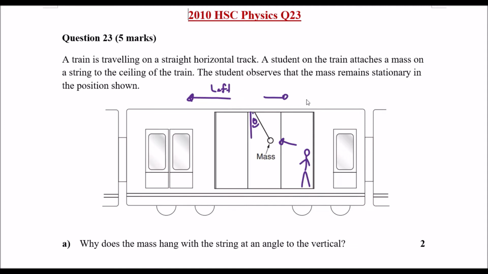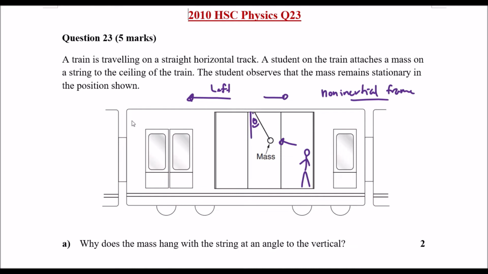So what that means is this scenario is a non-inertial frame of reference, or a non-inertial frame. If that's a non-inertial frame, we need to come up with different ways of working out the reasoning why it's non-inertial. As we just said, the train could be accelerating towards the left.